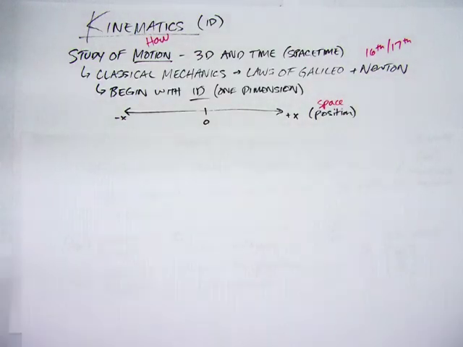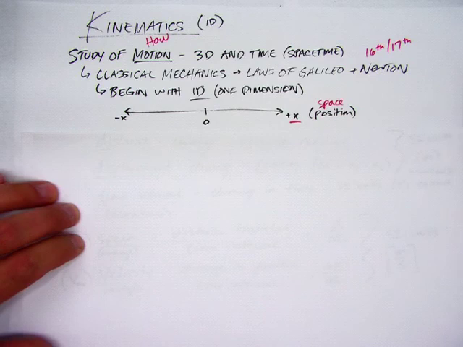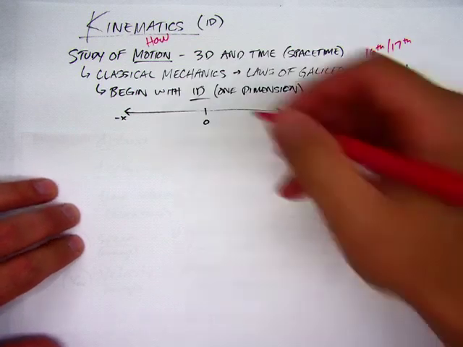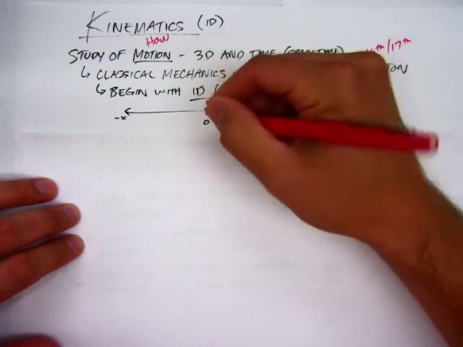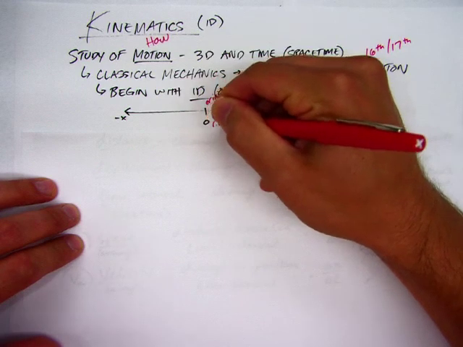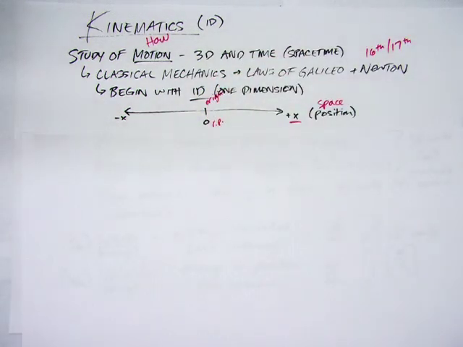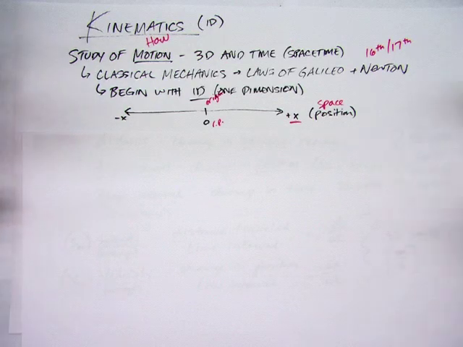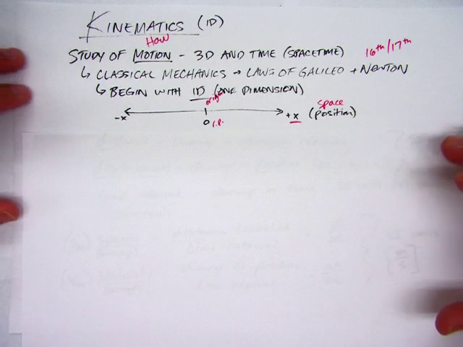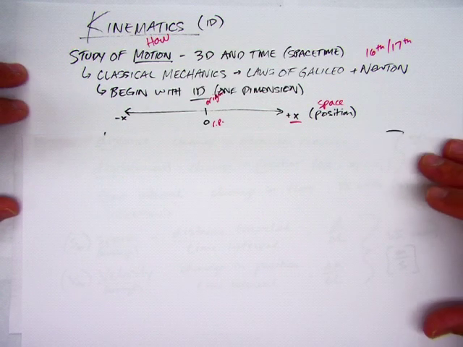So we start with the fact that we're going to use x to represent position, and we're always going to have the need for an origin or a reference point, so to speak, as where we start. And we're going to measure to the right as positive, to the left as negative. So I can either move to the right or I can move back to the left, either positive or negative position. So two ways we can view how far we move through space.